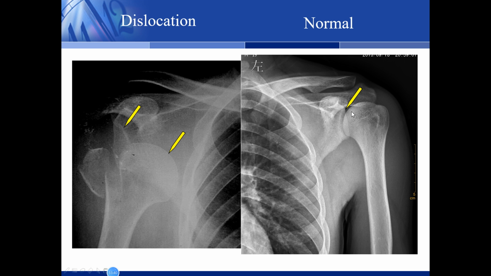This is normal. Here is not normal. Here is the joint space, and here you could see that the head of the humerus is displaced. So this is dislocation.